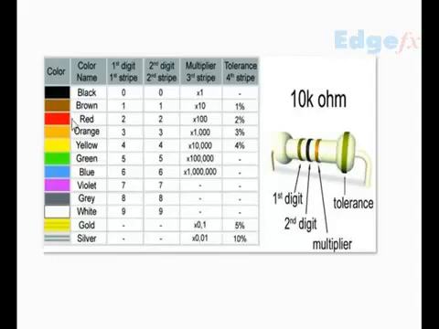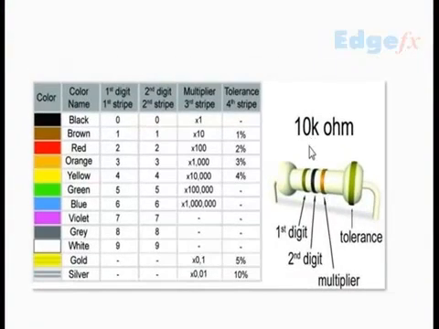When the last band is brown, it is, sorry, this resistance is a 10 kilo ohm resistance. Let's see how this is a 10 kilo ohm resistance. The first band is brown, 1.